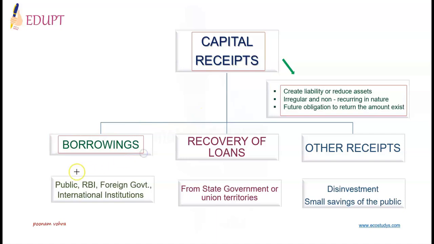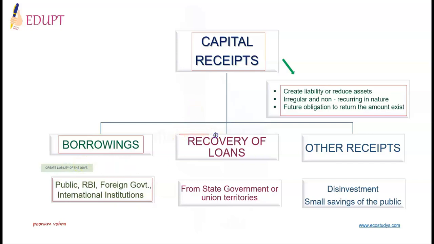Borrowings. Government borrows funds from public open market, RBI, from foreign governments, international institutions like World Bank, IMF, etc. Borrowings create liability of the government.